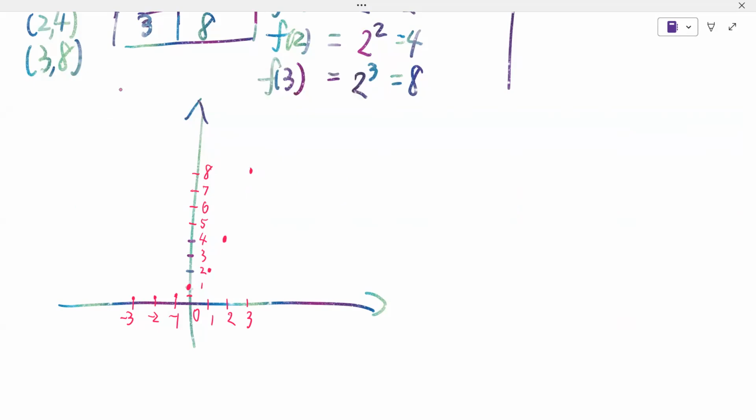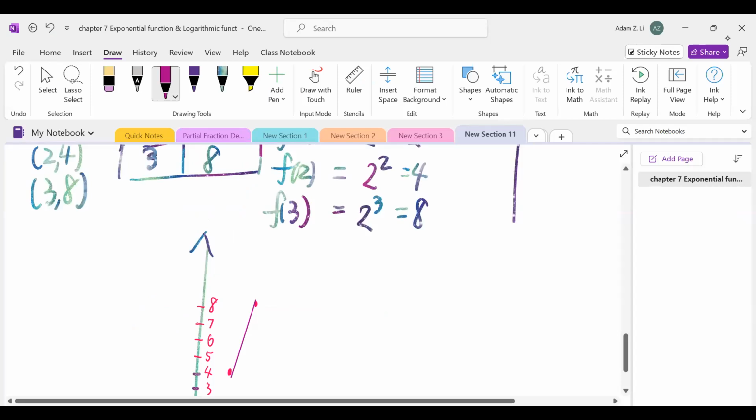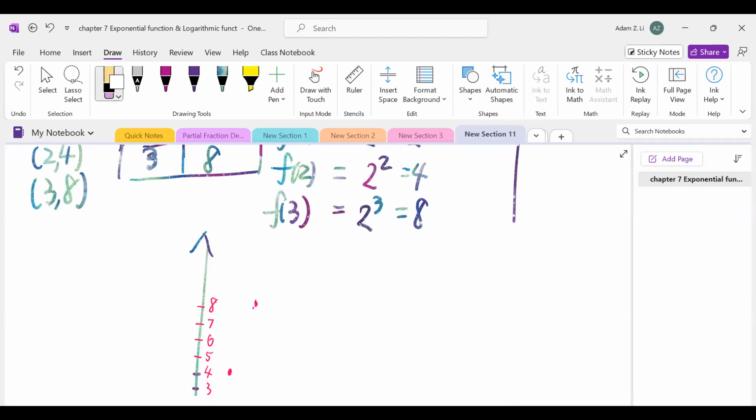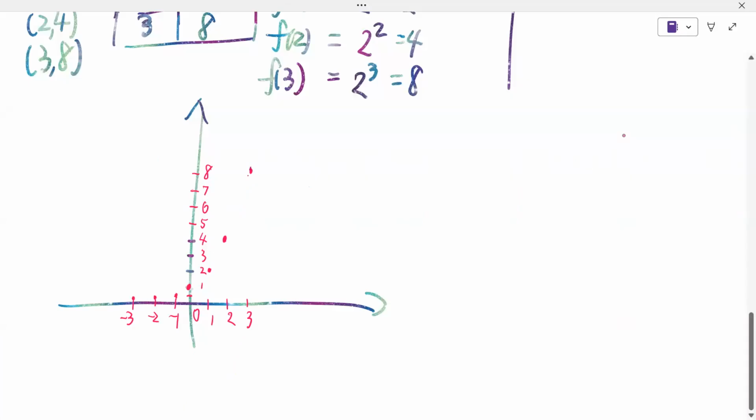So we're gonna just connect them with a curve. Okay, so that's what it looks like. Maybe label this.